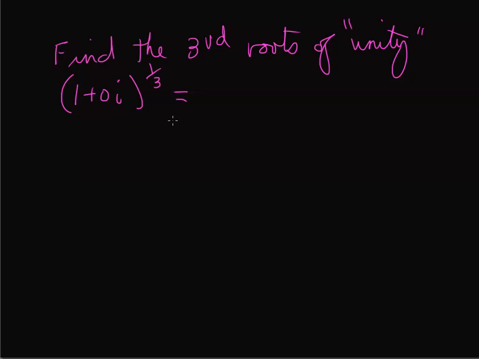And there should be 3 answers. Now we need to come up with our r and our theta. So where is this point? Well, it's at the point 1, 0, right? What is r? That equals 1. What is theta? Well, since it doesn't move, theta equals 0. We'll do this in degrees. So we've got r and theta, we've got everything we need. K, for the 1/3 power, is going to go 0, 1, 2.